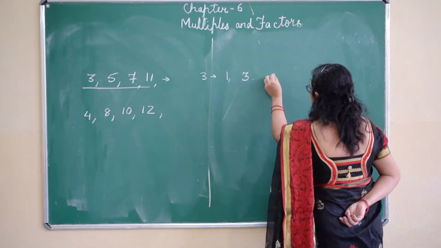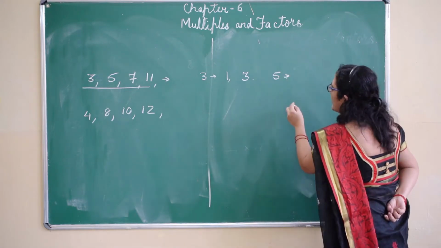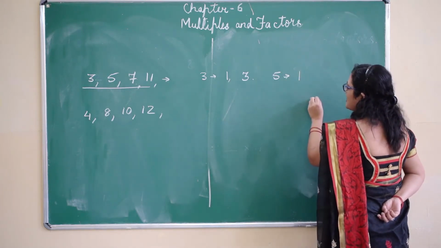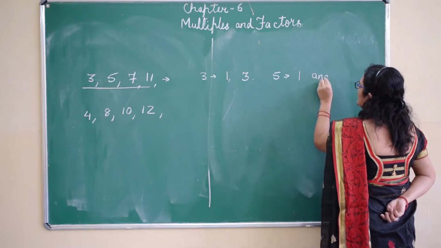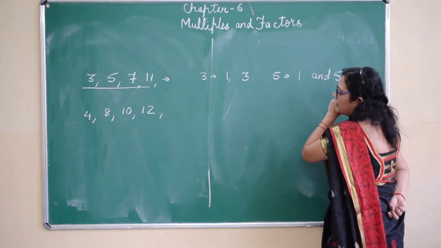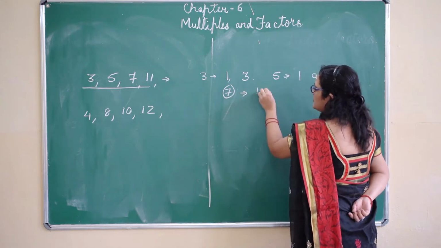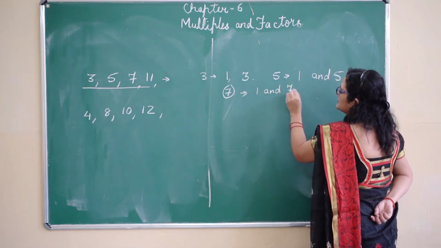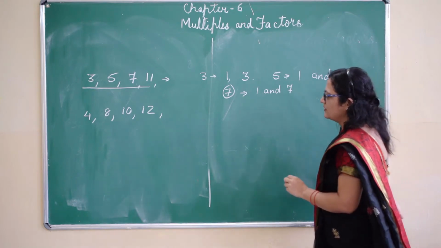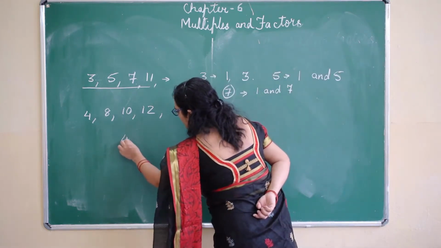Same way 5 also has 2 factors, 1 and the number itself. 7 also comes in the table of 1 as well as in the table of itself.